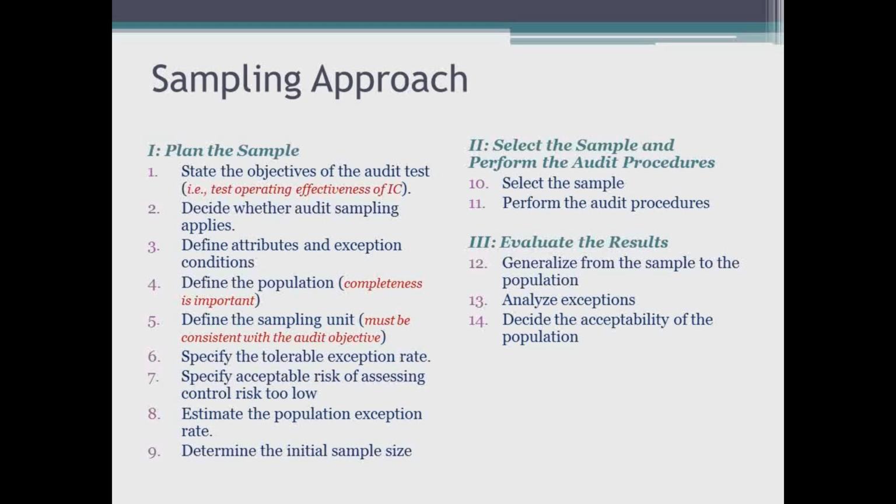Then decide whether or not audit sampling applies. So think of an audit procedure in the sales cycle, the revenue cycle. When wouldn't you be able to use audit sampling? What kind of audit procedure must we perform, but it's not subject to sampling?